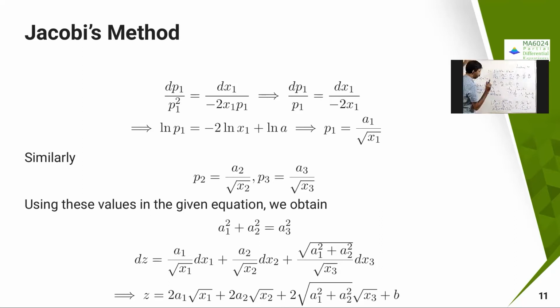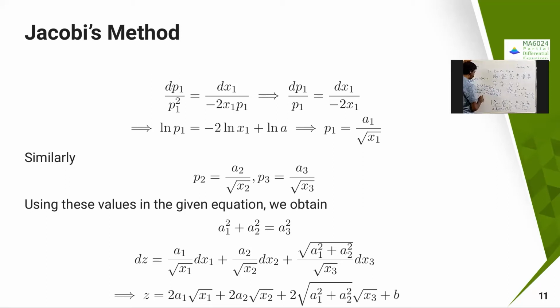So it is a three variable problem. Therefore three constants would be there: a1, a2, b. Three variables are there, therefore it is going to be the complete integral. If it is a complete integral, you should have three constants. Here actually four are there: a1, a2, a3, b. But if it's a complete integral, you should have only three constants.